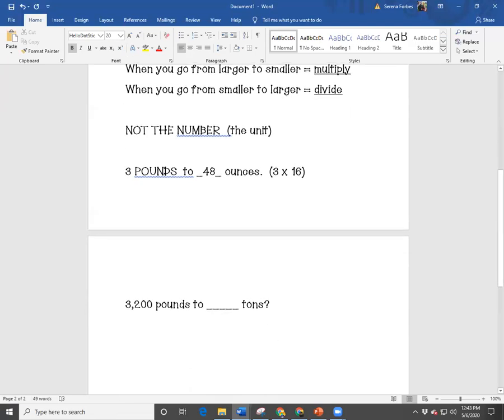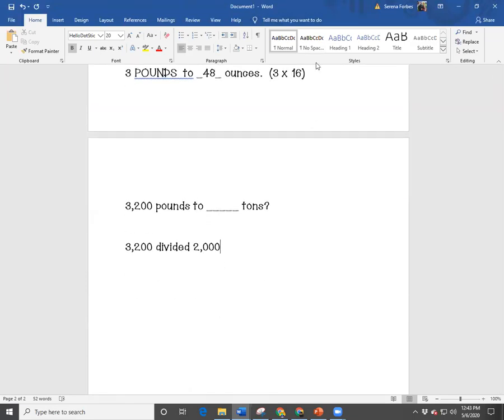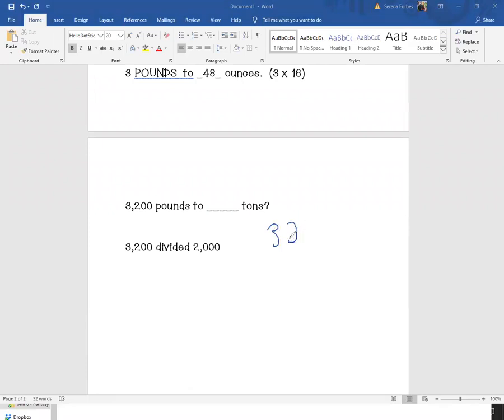You would do 3,200 divided by 2,000. And that might seem crazy at first, except you know fractions. So I'm actually going to do an annotation here to help you. I would write this as 3,200 divided by 2,000. And I know I can simplify by dividing both of these by 100, which would put me at 32 over 20.